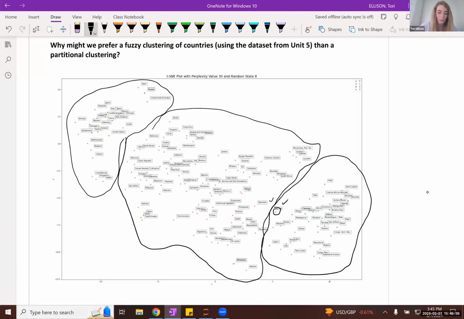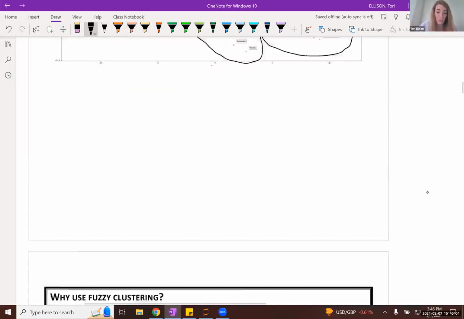You'd want to be able to reflect the fact that these countries exist sort of at the border, to perhaps give more targeted suggestions about what strategies they should employ. So basically, using a fuzzy clustering algorithm yields a lot more nuanced insights about the cluster assignment that particular observations should have. So this can be very useful.